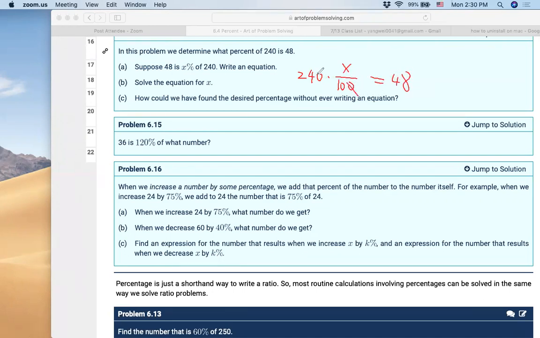So cancel out a 0, then both sides times 10. You get 24 times x equals 480. Then both sides divided by 24, x equals 20, right? So that means 20% of 240 equals 48.